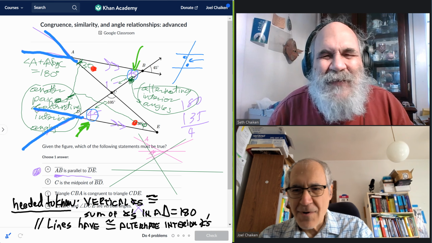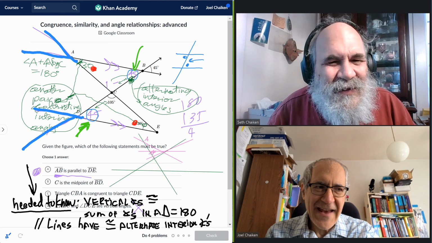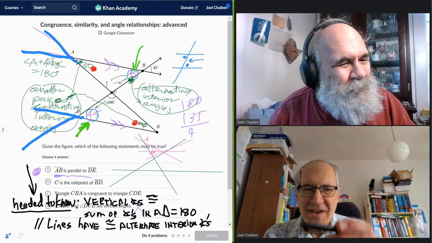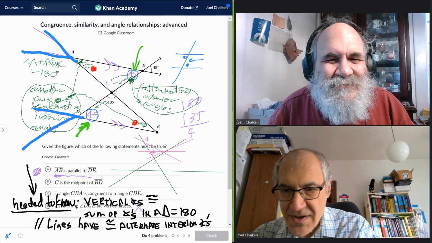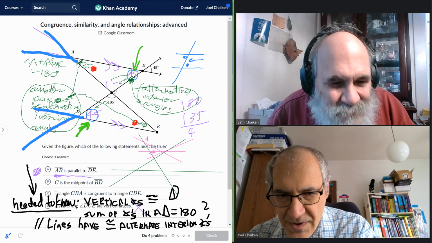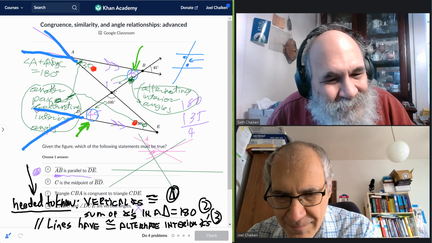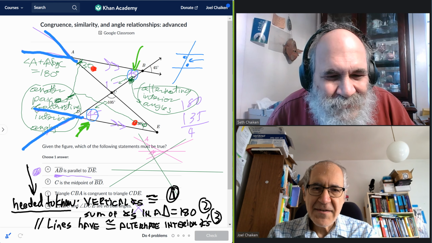This is very common in what's known as an angle puzzle or a geometry problem. You have to use three principles: 1, 2, 3. You have to know and apply all three. If you miss one, then you're not going to get the problem.